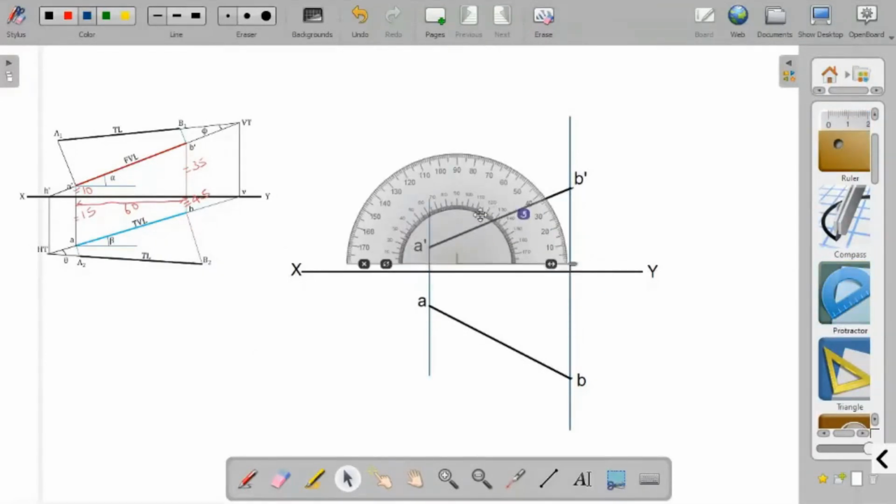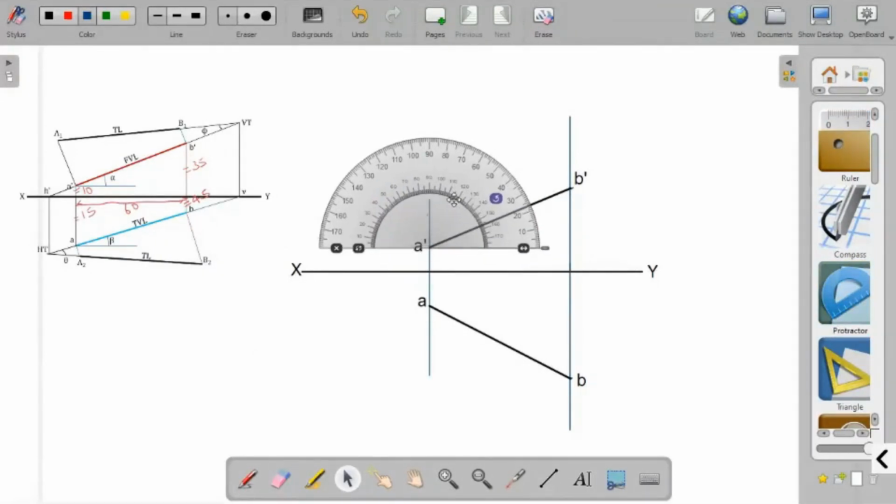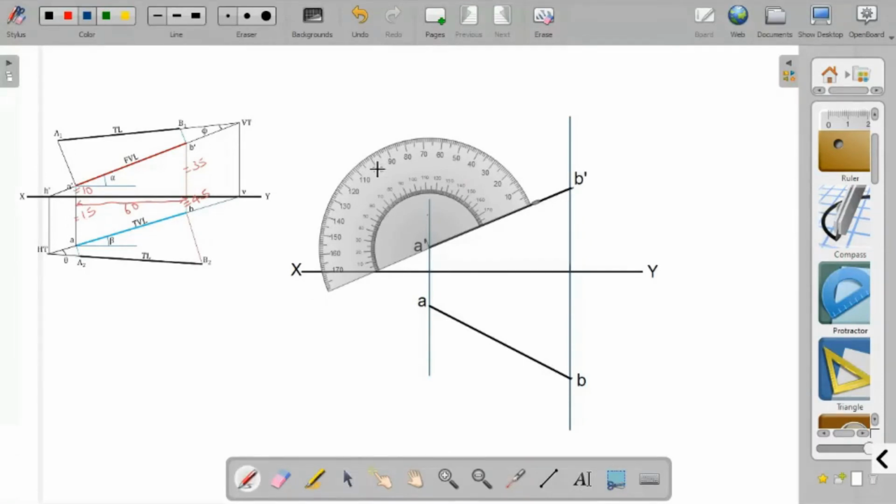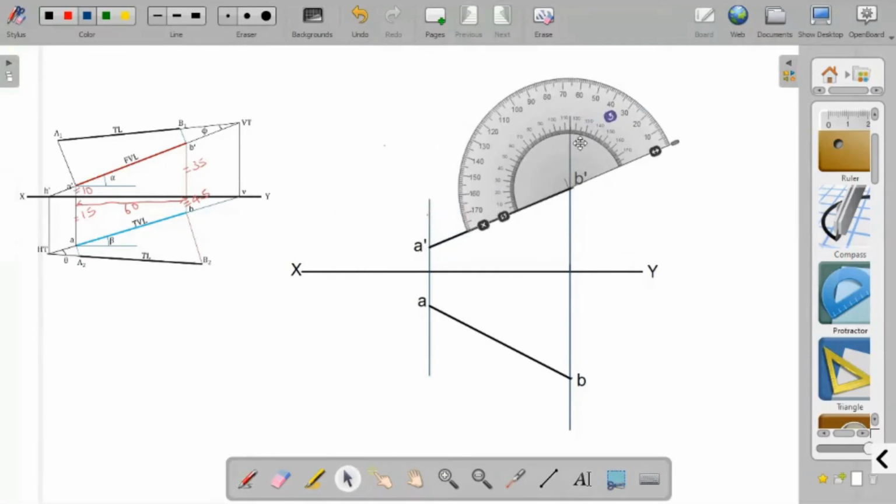from A dash as well as B dash. So in order to draw perpendicular lines, you have to use your protractor. So first point and the second point.